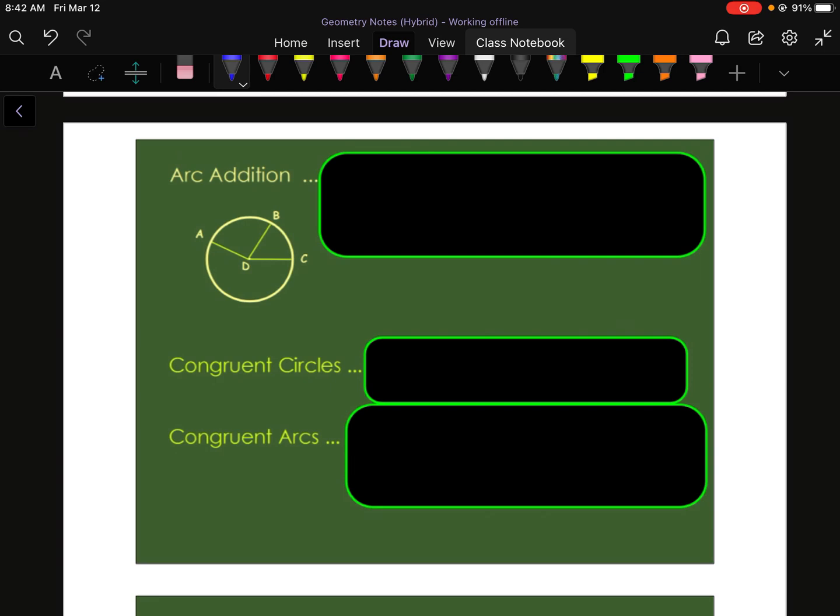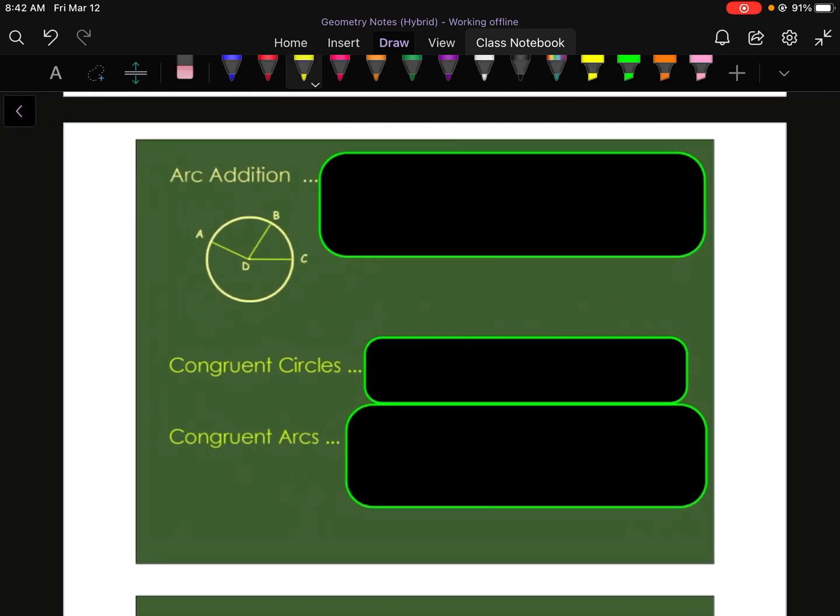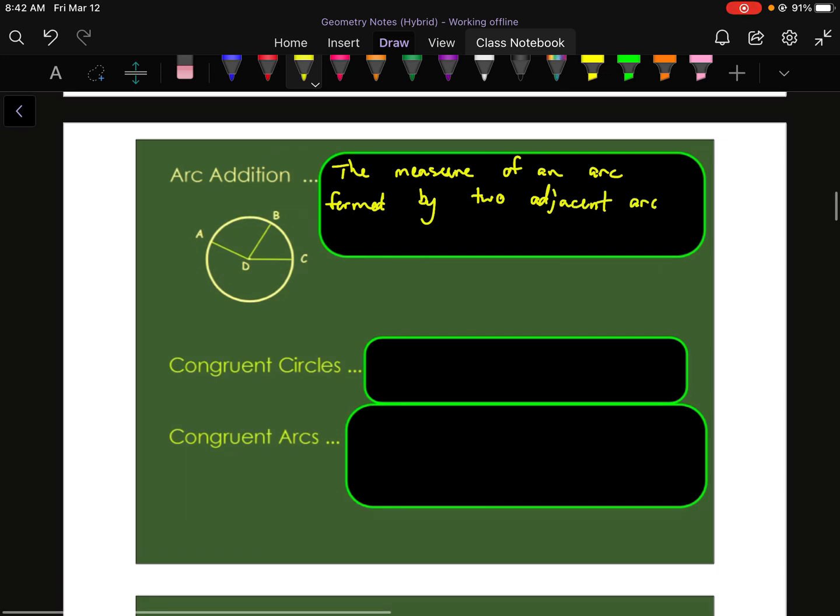First of all, arc addition. The measure of an arc formed by two adjacent arcs is the sum of the two arcs.